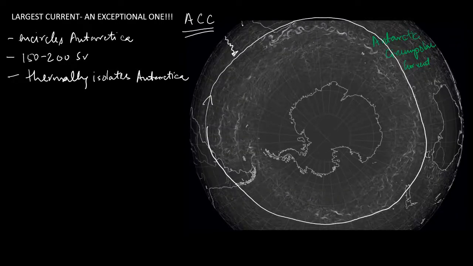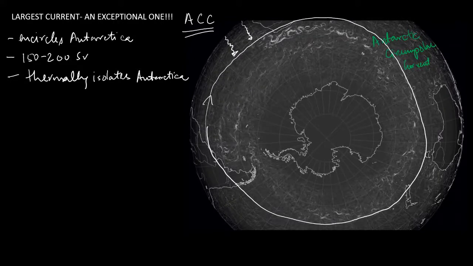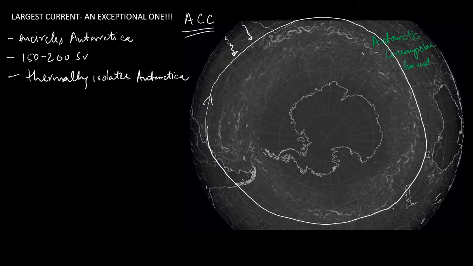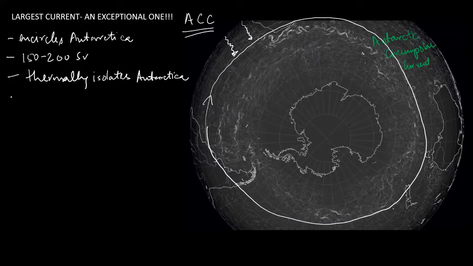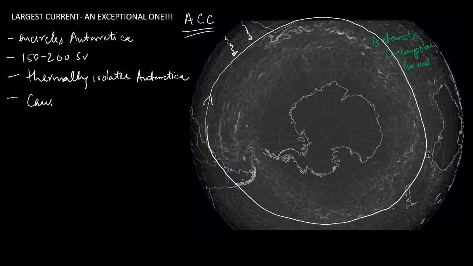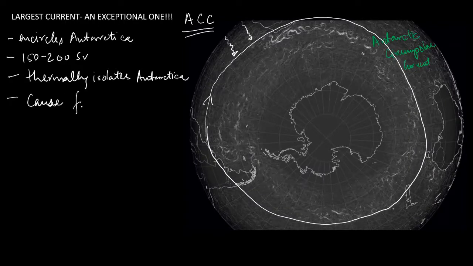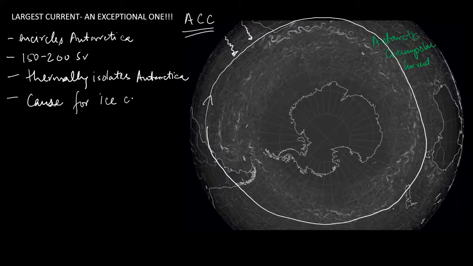As a result, Antarctica does not get the heat of the tropical oceans, and therefore it remains a cold continent. So the ACC thermally isolates Antarctica, and this thermal isolation is the cause for the permanent ice cap over the Antarctic landmass.